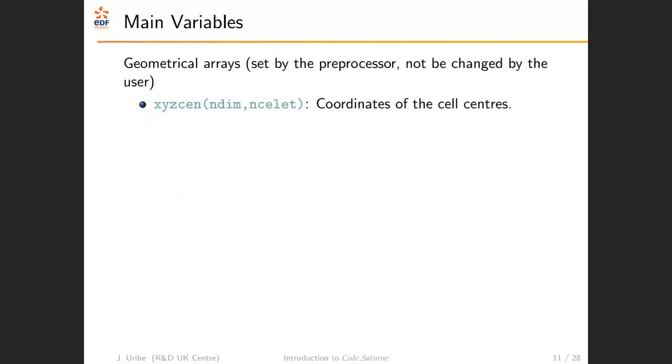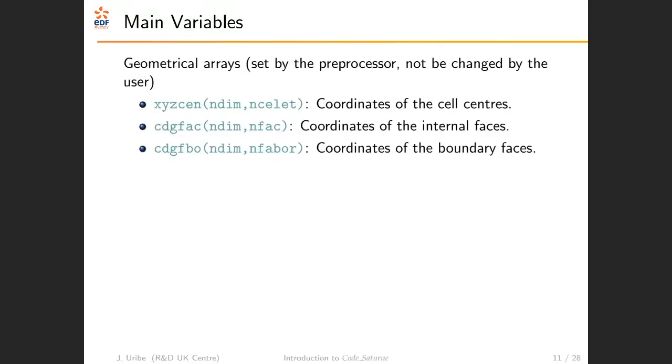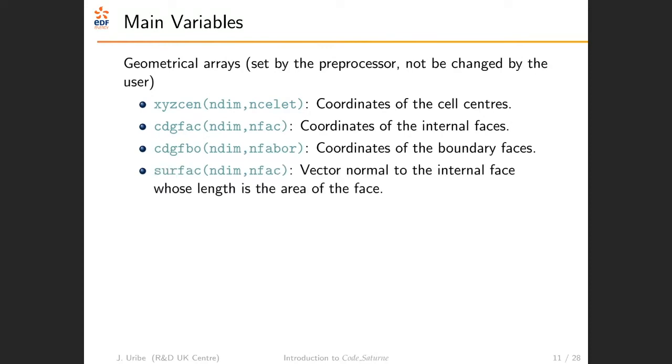And there's some geometrical arrays that are very useful to know. Like XYZCEN is the cell center coordinates, whereas CDGFAC is the center of gravity of the face, and CDGFBO is the boundary face.